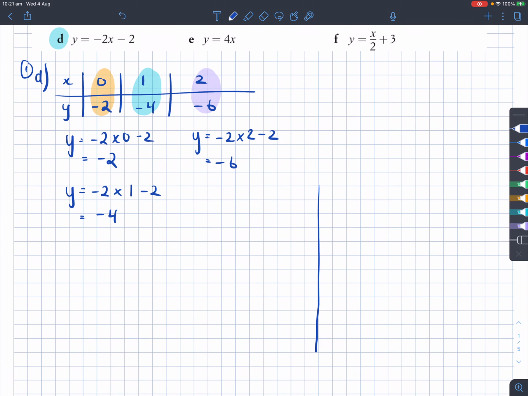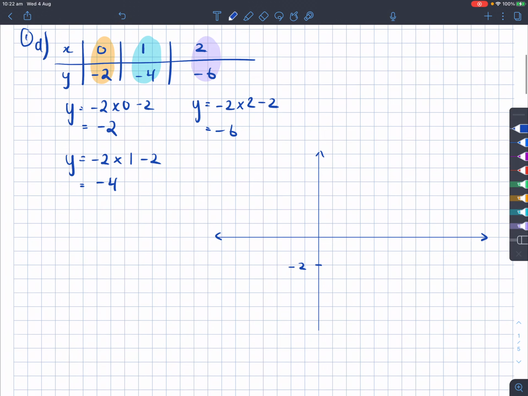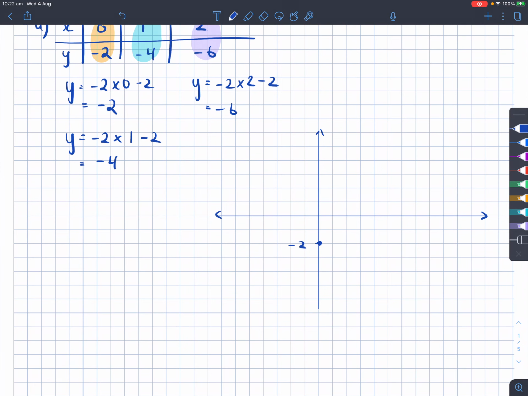So I will draw my axes like so. All right. So 0, negative 2 means we're not going to go left or right at all. We're just going to stay put where we are. And then a negative 2 as a y value means go down by 2. Here we go. So that means there's a point there.